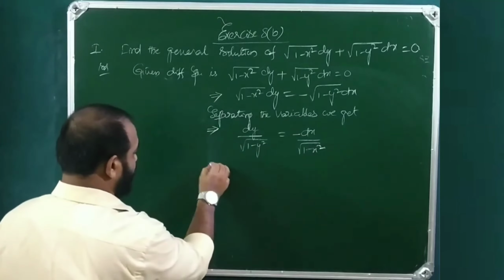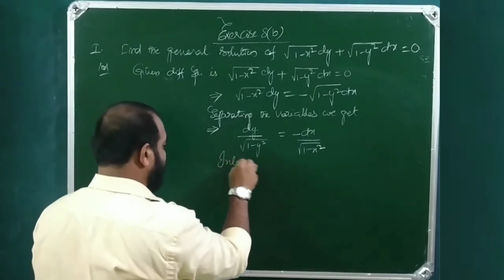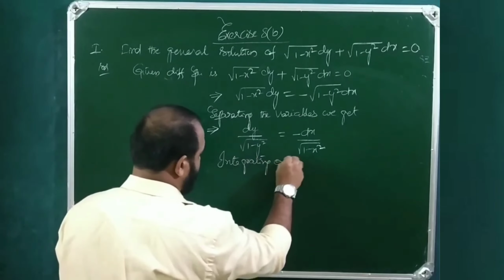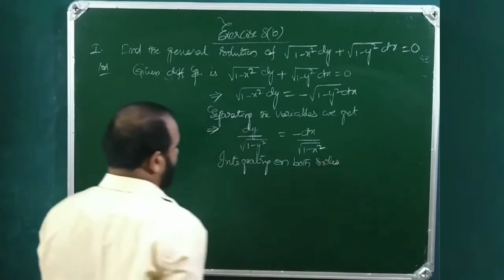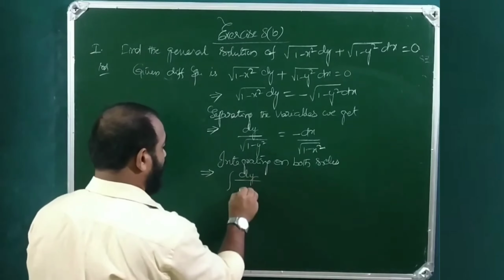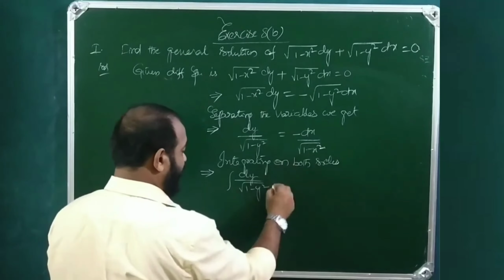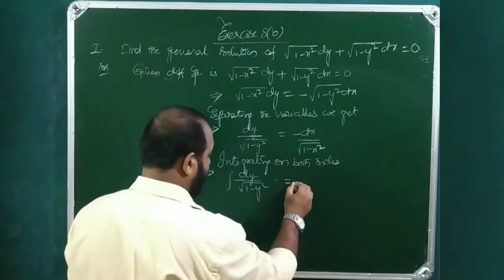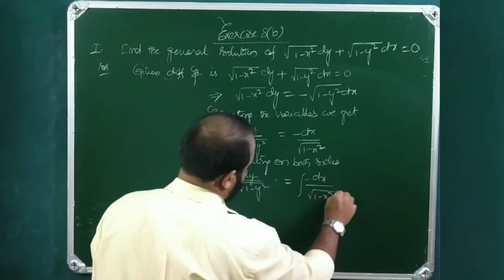Now integrating on both sides. Integral dy by root of 1 minus y square is equal to integral of minus dx by square root of 1 minus x square.